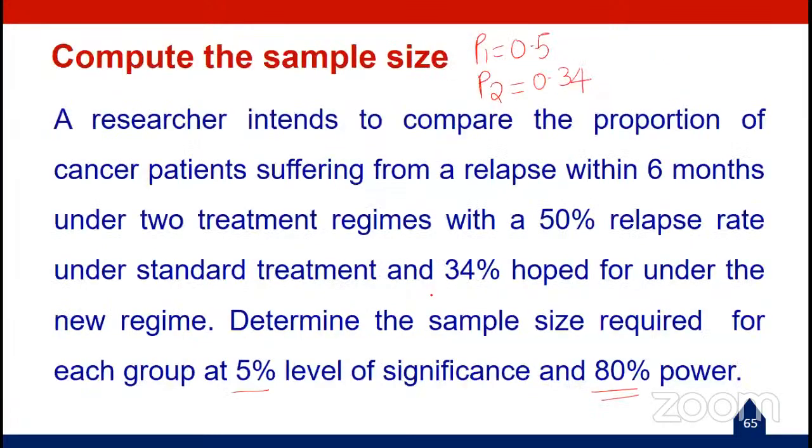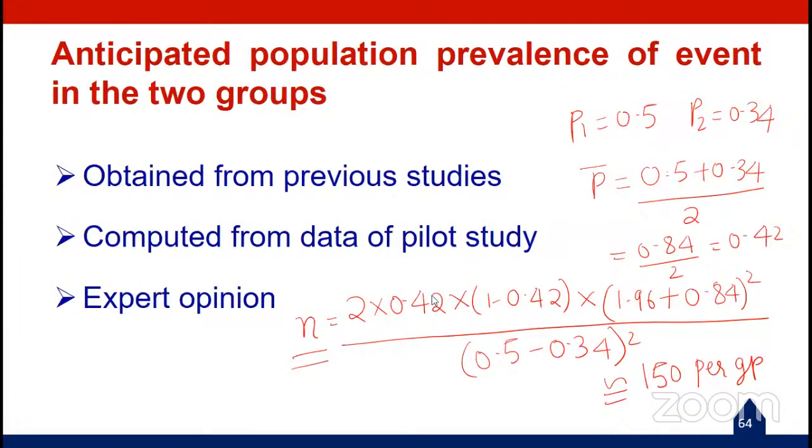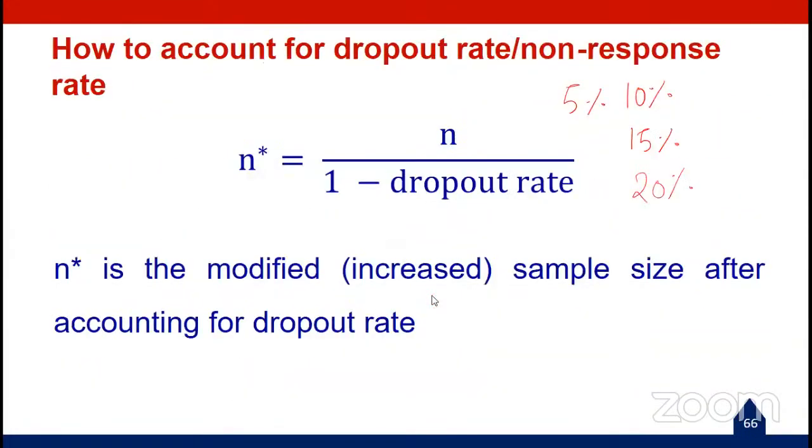For this particular example, we will account for a dropout rate of 10%. We have computed N as 150. With a 10% dropout rate, 1 minus 0.1, it is 150 by 0.9, so the increased sample size will be 167 per group.